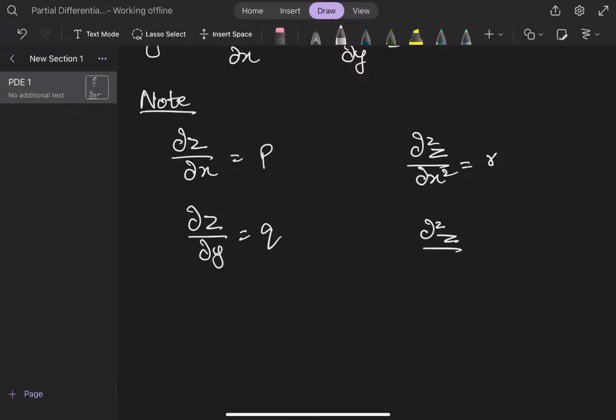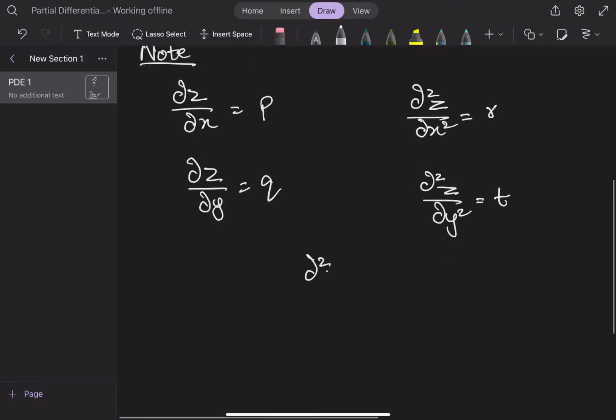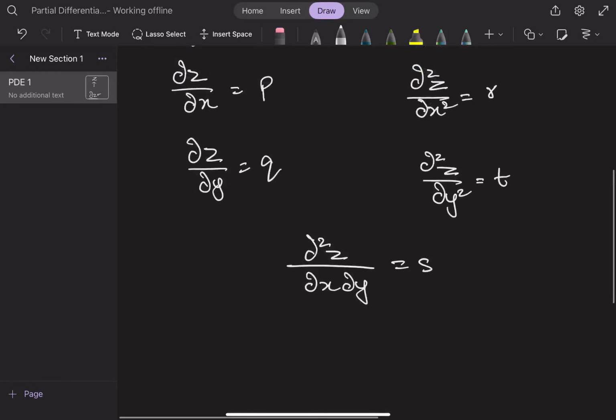Del 2z by del y2 is denoted by t, and del 2z by del x del y is denoted by s. So basically we need our answers in the form of x, y, z, p, q, r, s, t. Our final answers should contain only these.